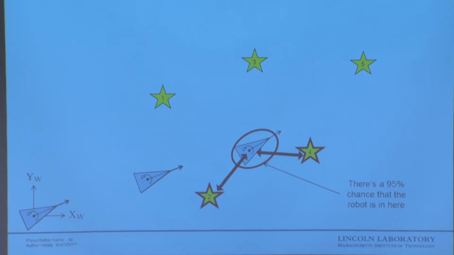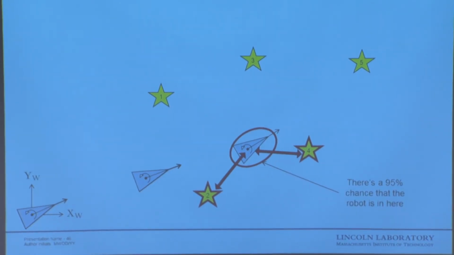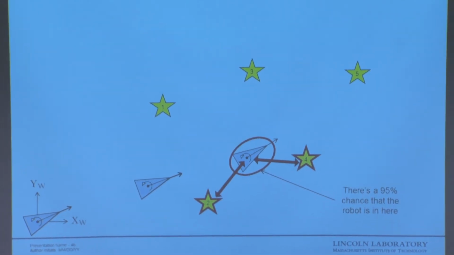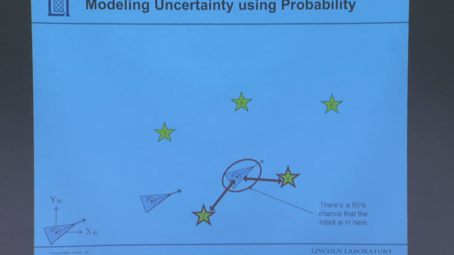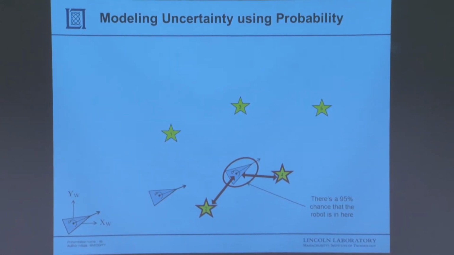So we can kind of fuse those two confidence ellipses into a smaller ellipse that has the same degree of confidence inside of it. So the question becomes is how do we actually do that? How do we maintain our robot's belief in its position as well as its confidence in its position.